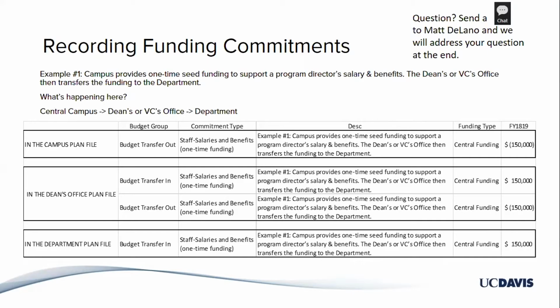And then depending on how the unit chooses to build out AggieBudget, they may just have their plan files rolled up to a very high level. And so if they don't have anything that's built down to super detailed levels, it may just end there, or it may not.